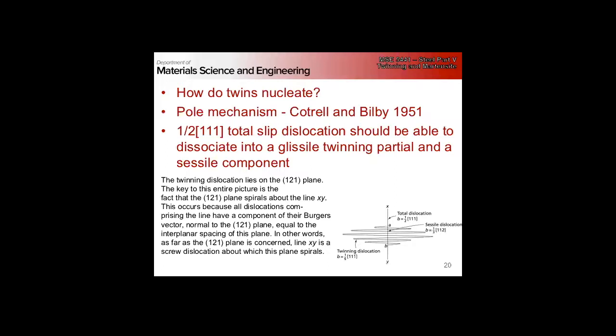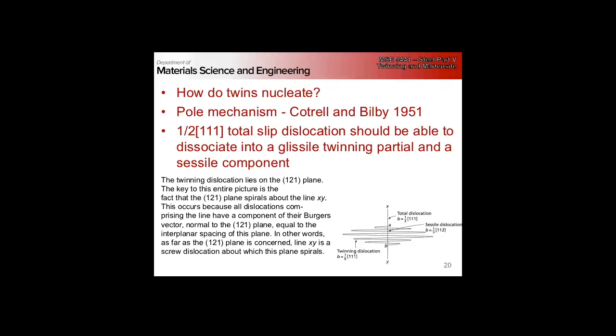And if you carefully go through the geometry of the slip system here, we see that this 1 1 bar 1 dislocation spirals around the 1 1 2 type plane, right?